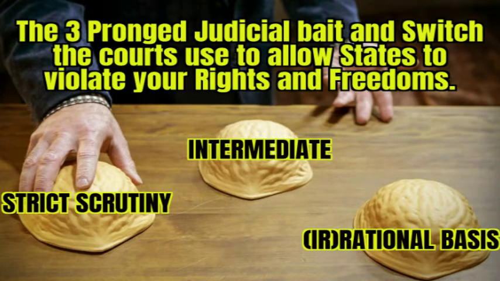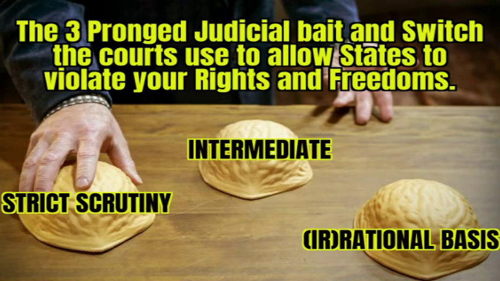Because the Ninth Amendment in the Bill of Rights clearly stipulates that we, the people, have what is called unenumerated rights. And that these rights should not be denied or disparaged. But that is exactly what they're doing by setting up this premise of what they call fundamental rights.